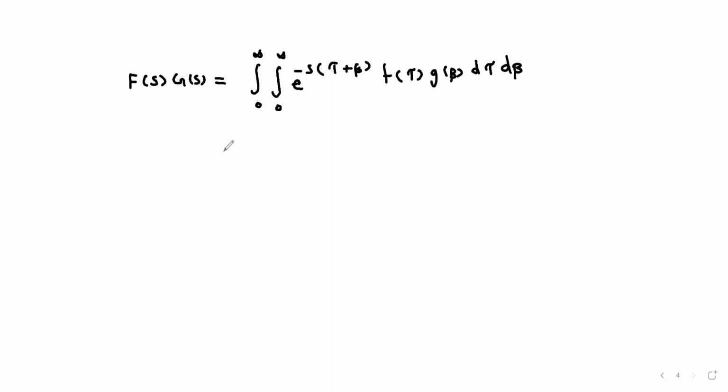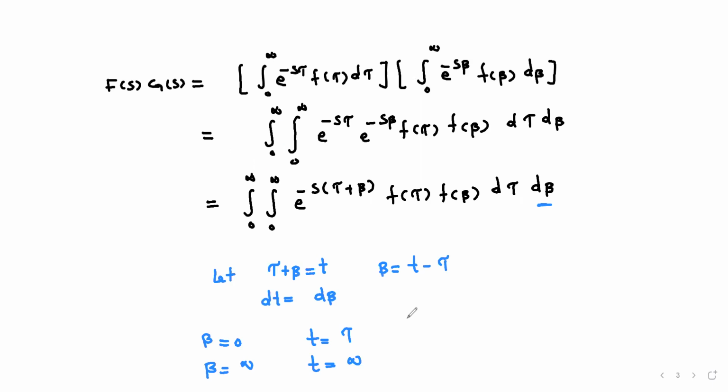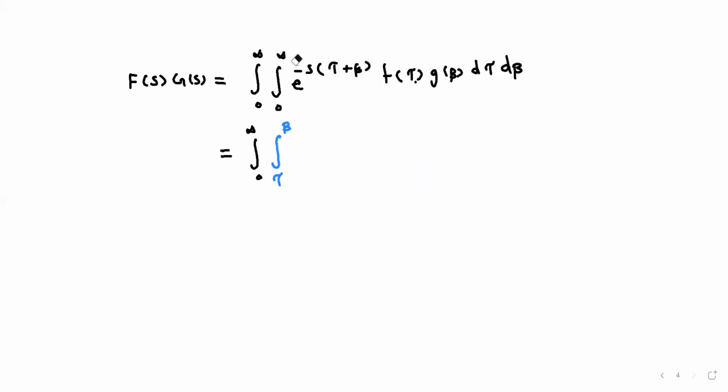Now replace here the value 0 to infinity. Then our integral will change. You know that in previous step we found the limits. This limit is from tau to infinity.